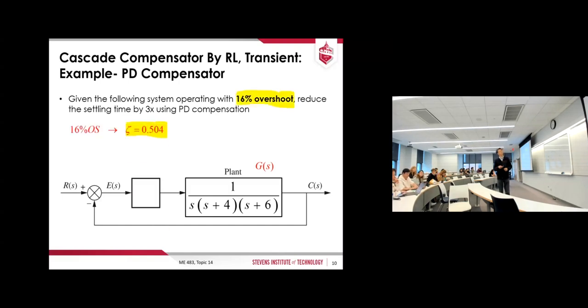Okay, how do you do this? Let's start from what we know, 16% overshoot, from which we can deduce the zeta value, that is 0.5. And Ts new is Ts old divided by 3. From that requirement, settling time by 3x, you have to reduce.